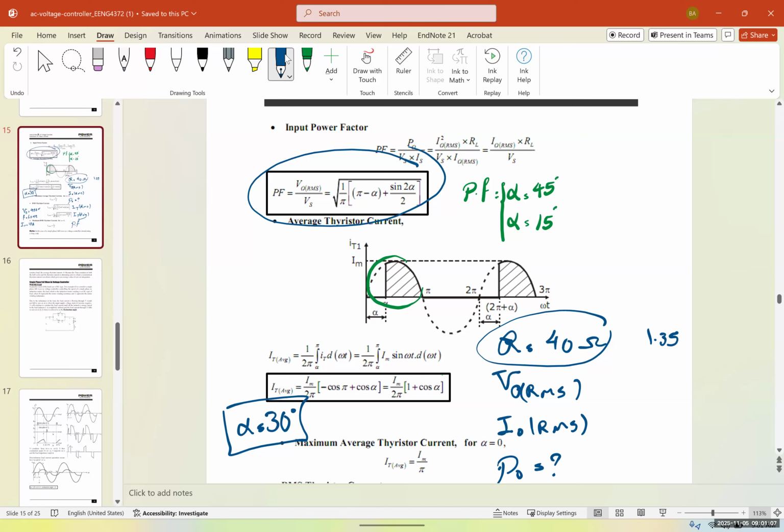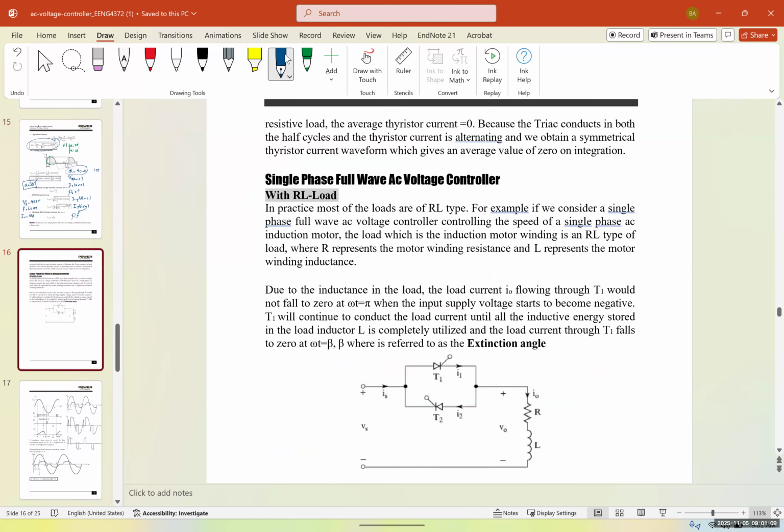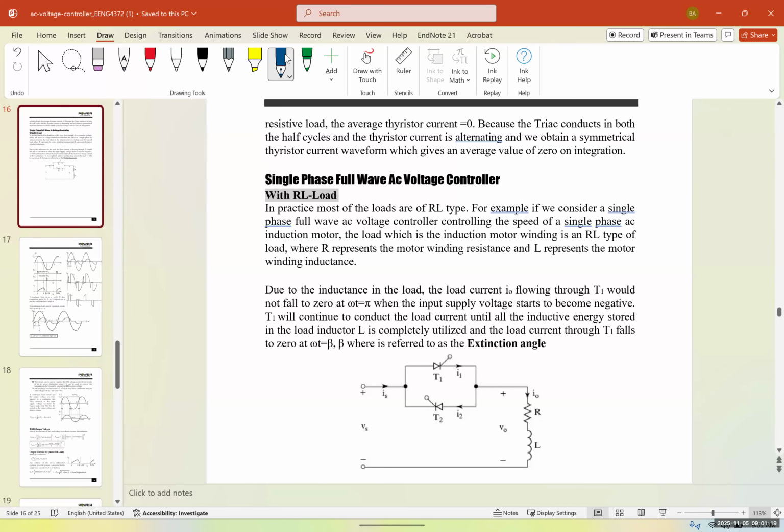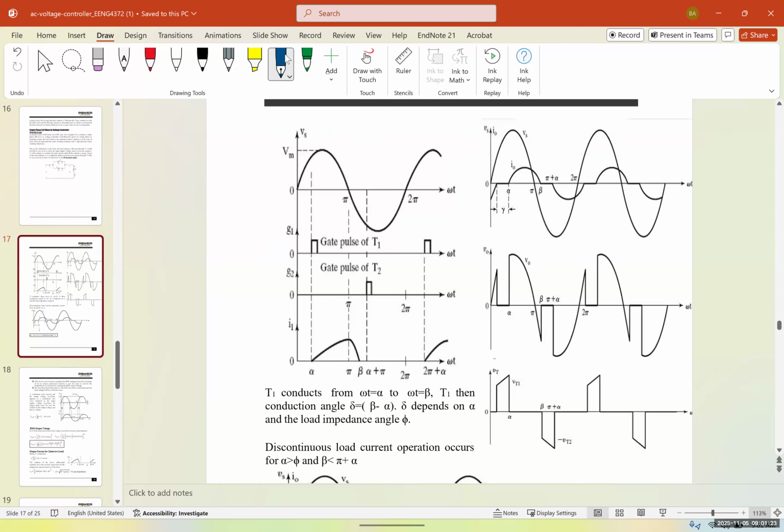So I don't think we have enough time to finish the RL load system. I'm just going to give you a brief introduction of that, and we continue that after our exam. So for our situation, the phase of the current and voltage were the same phase.